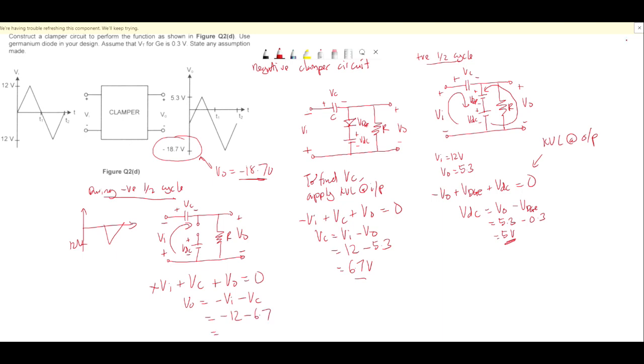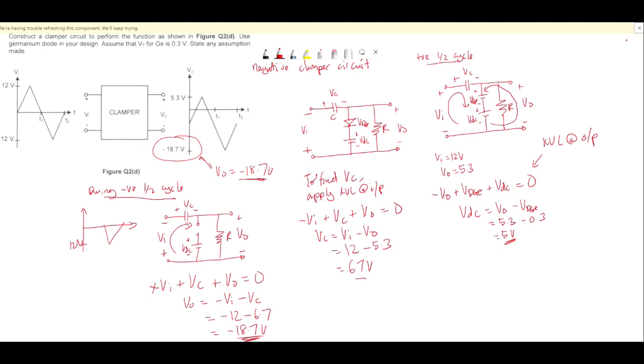So here you will get negative 18.7 volt, which proves that the output value for this waveform is correct. Through the calculation you get Vout equal to 18.7, which is a similar value to the question.